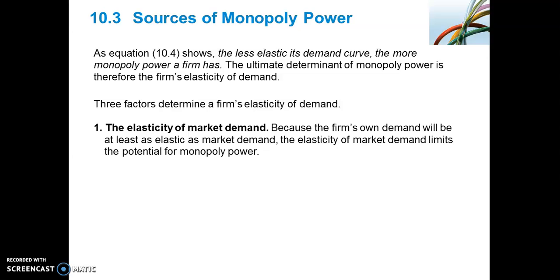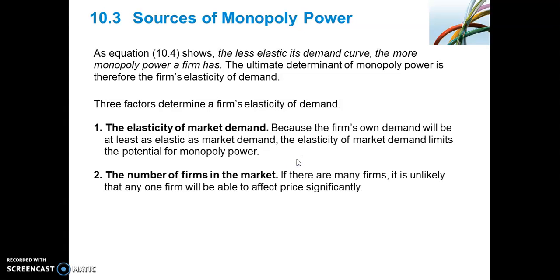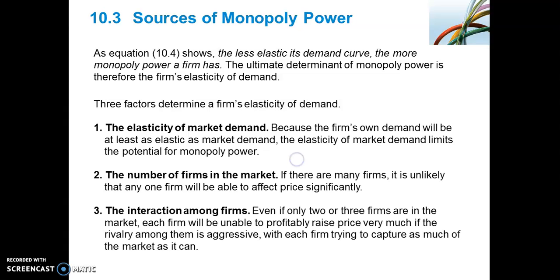That is the elasticity of market demand. Then there is the number of firms in the market. And lastly, the interaction amongst the firms. So, yes, we are speaking about the firm's elasticity of demand, but in terms of the factors that determine it, we need to reflect on, first of all, the market demand's elasticity.